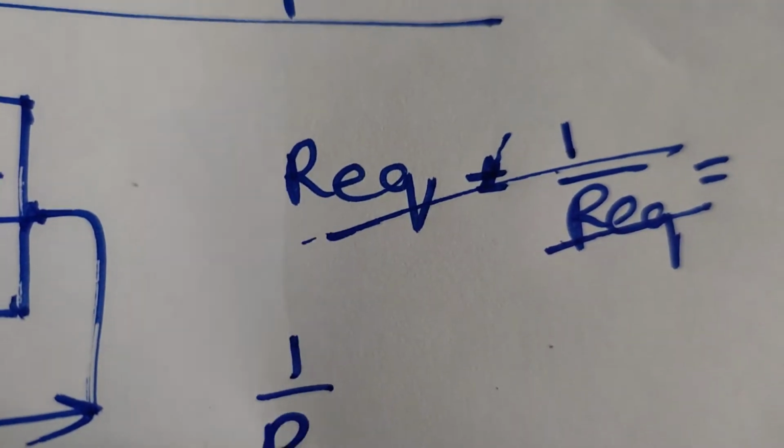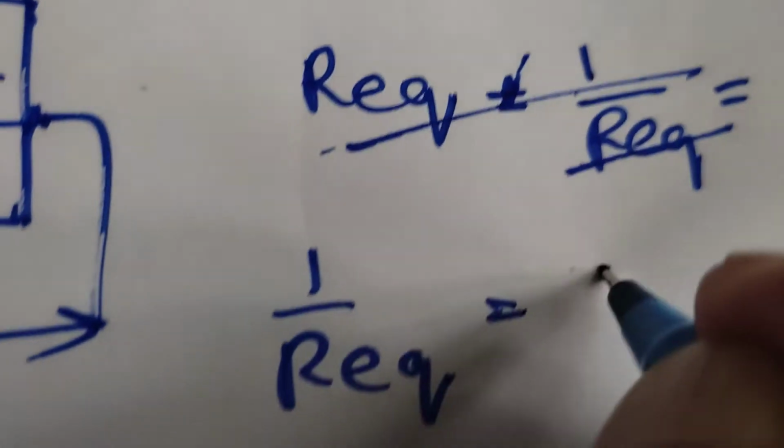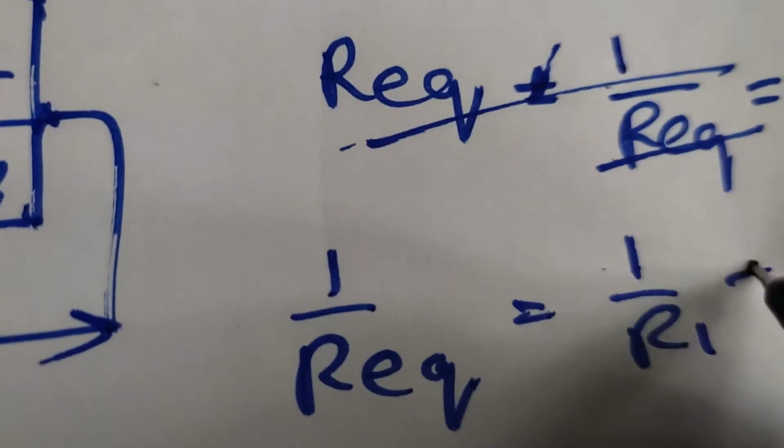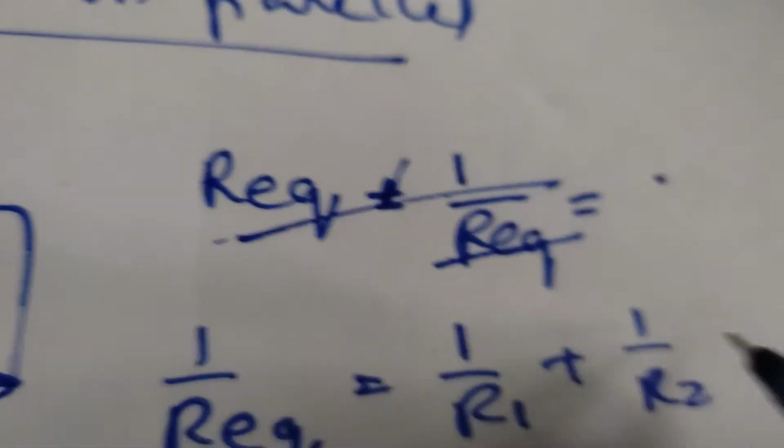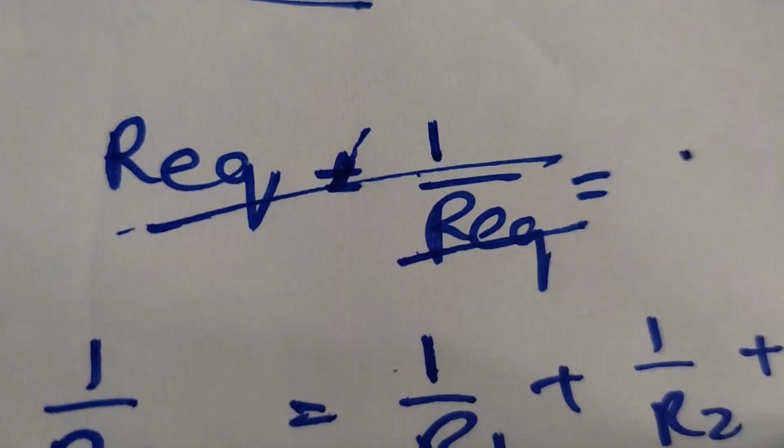For resistors in parallel, 1 by R equivalent equals 1 by R1 plus 1 by R2 plus 1 by R3.